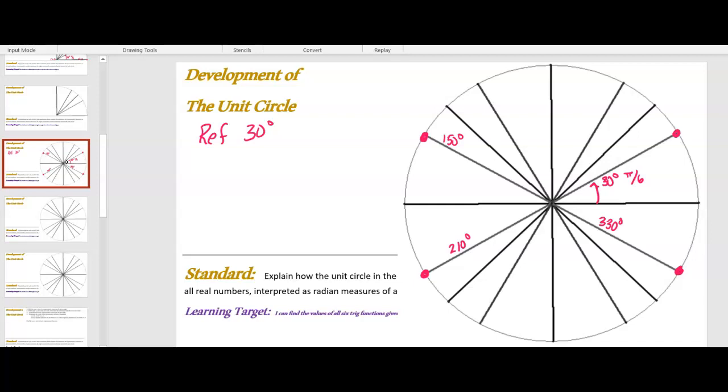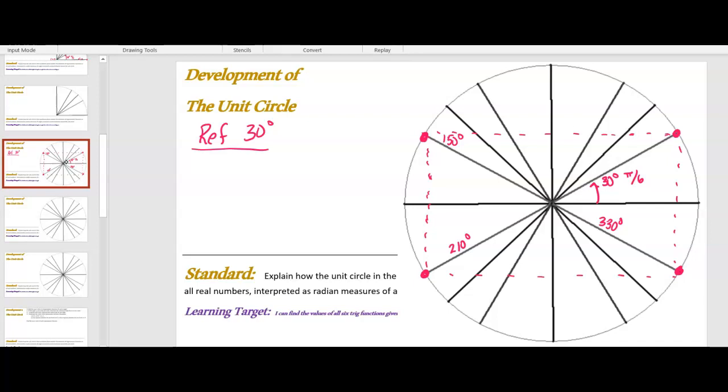So every one of these angles that I've labeled here has a reference of 30 degrees. I'm going to make a little rectangle. This helped me a lot when someone finally showed me this. It was in college. Wish they'd shown it to me in my junior year. Okay, so every one of those angles has a reference of 30 degrees.